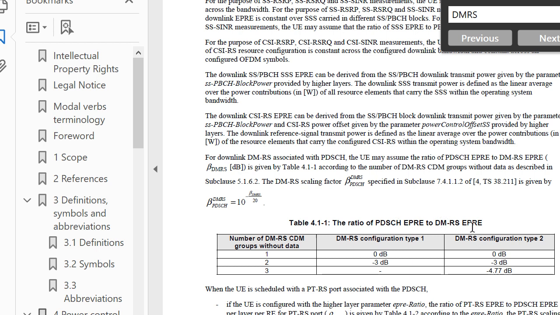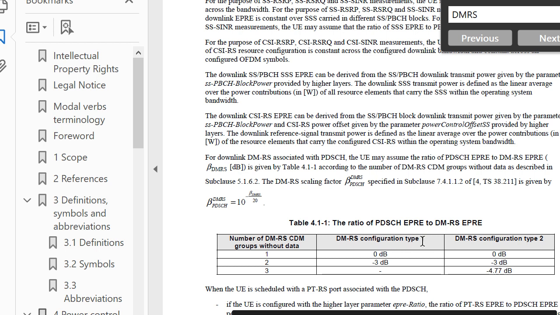DMRS is in the denominator, so DMRS has higher power, so you are seeing minus 3 dB and minus 4.77. But if you take the inverse, where DMRS comes in the numerator, then you will see plus 3 dB and plus 4.77 dB.